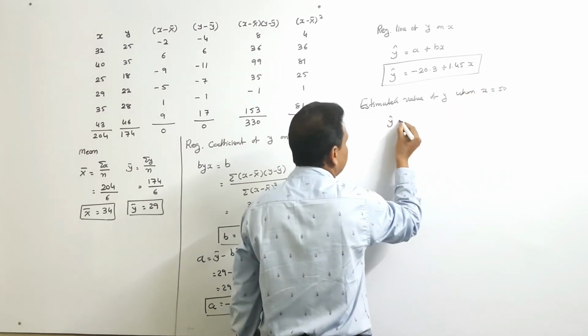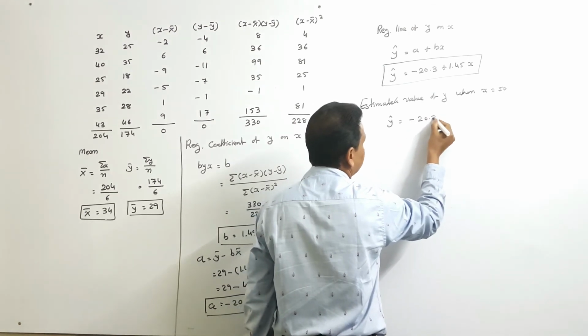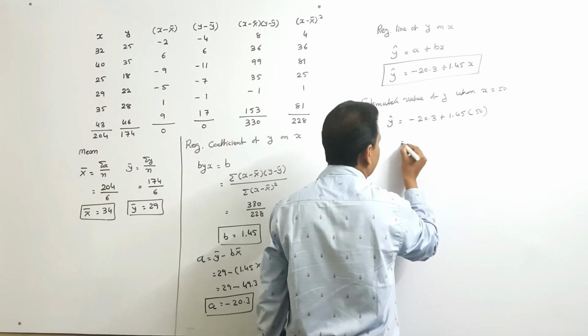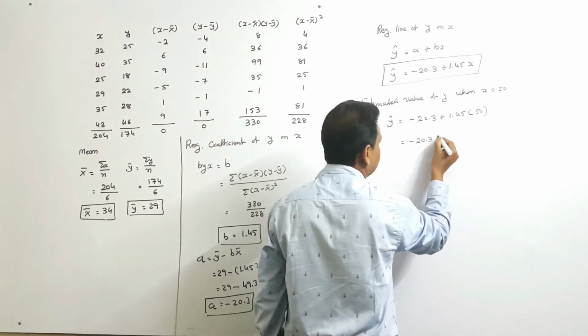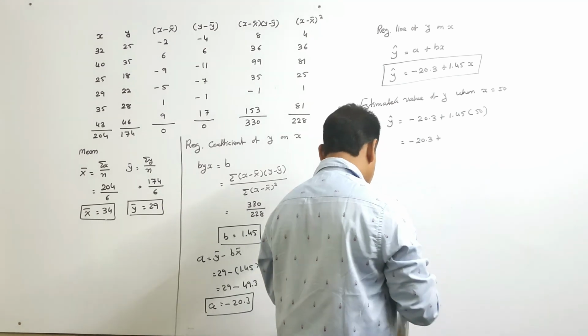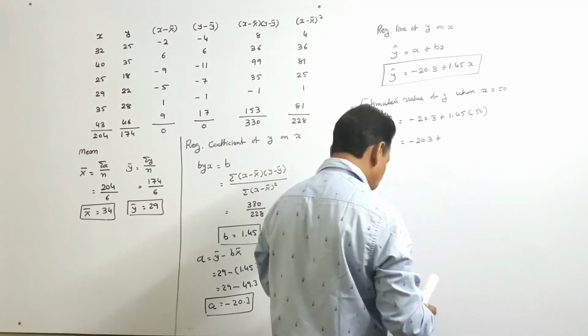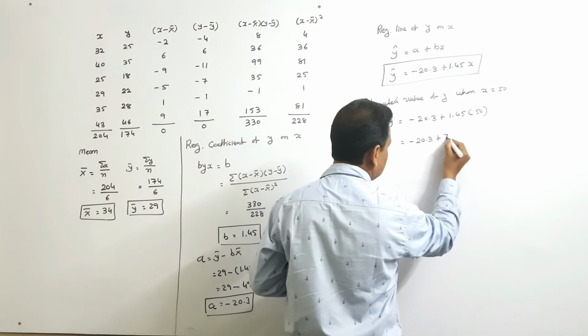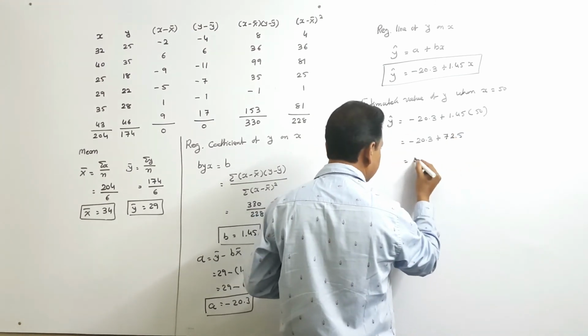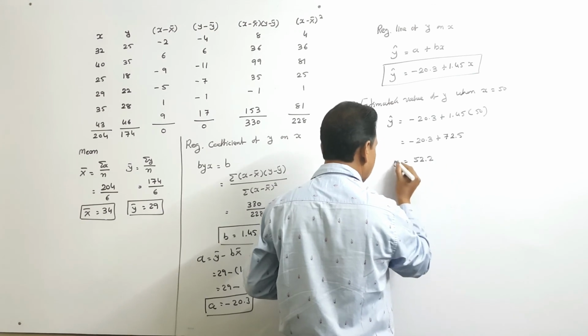So now y cap is equal to minus 20.3 plus 1.45 into 50. So minus 20.3 plus 1.45 into 50 gives us 72.5. So 72.5 minus 20.3 gives 52.2 y cap.